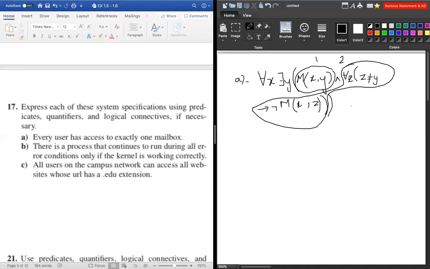Why the negation for the implication? I understand the Z not equal to Y, but why is there a negation for the implication? Basically, here we have this X, right?